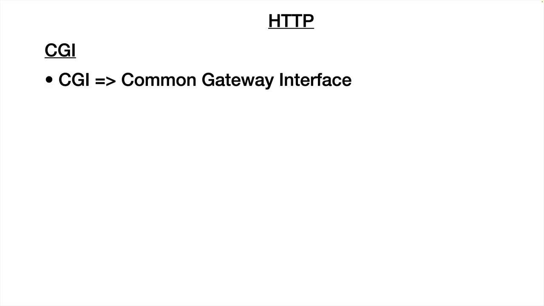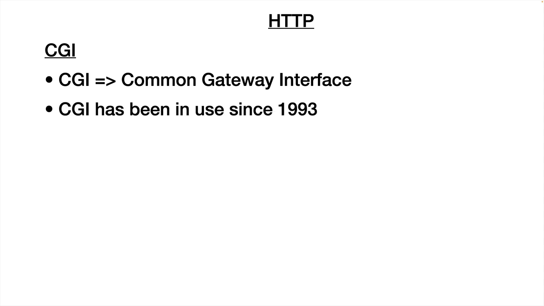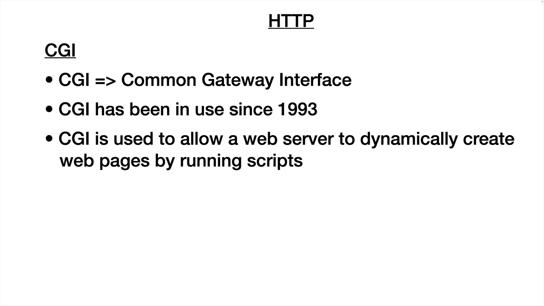Now, CGI is an abbreviation for Common Gateway Interface, and it has been in use since about 1993. And the purpose of CGI is to allow a web server to dynamically create a web page by running scripts.